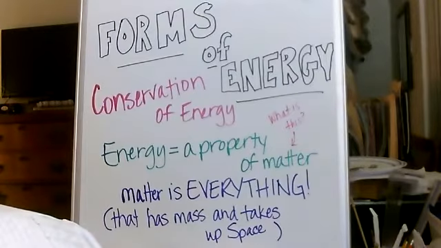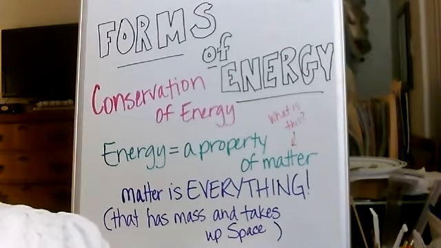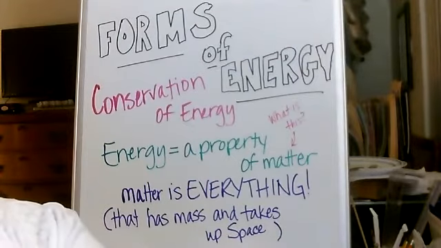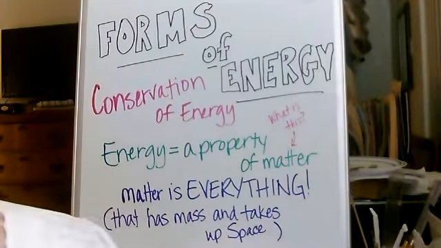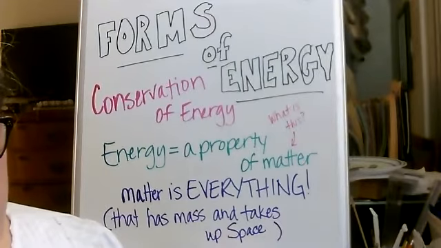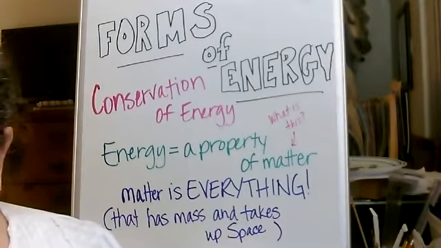When we are hitting that ball, we are not creating energy. We are taking the energy from our body, putting our energy into the club, and transferring that energy that we put into the club into the ball. So it changed. It transferred, but it was not created and it was not destroyed.